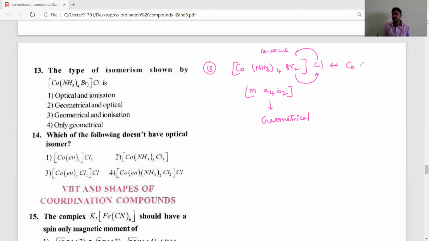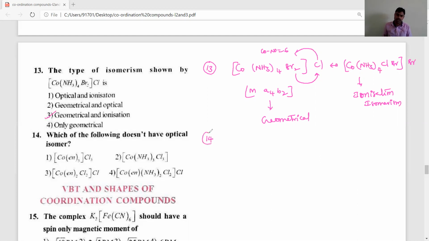That ionization isomer is [Co(NH3)4ClBr]Br. So the given complex exhibits both geometrical isomerism as well as ionization isomerism. So the answer is the third option.